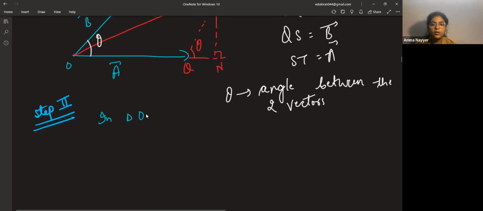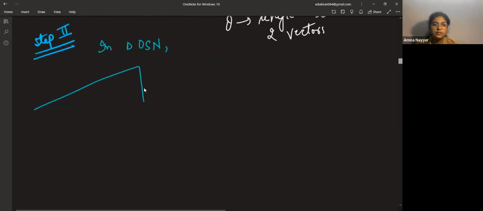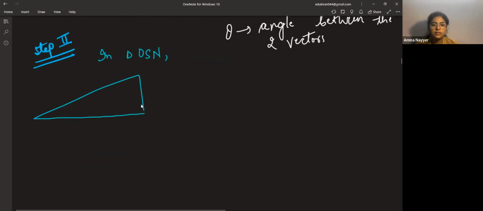In triangle OSN, let me draw it separately here. This is the triangle. This was the perpendicular SN. This was point O. Here we had this as the point which we had taken of the side of the parallelogram. So from here, what would be OS?